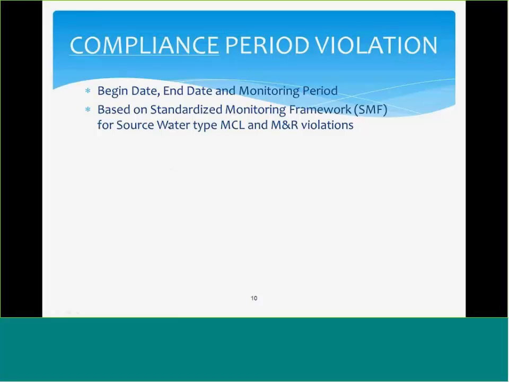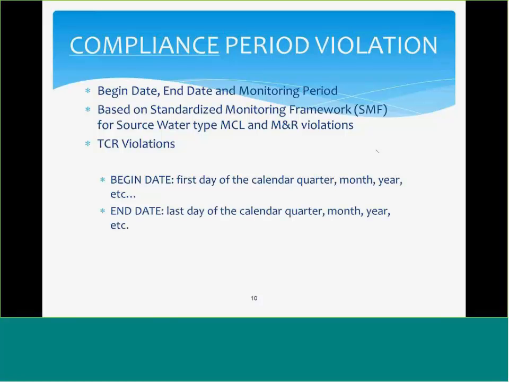This is based on the standardized monitoring framework, and I will go ahead and send a copy to everybody again. That'll be part of the documents that I'll send out to everyone. TCR violations fall under the compliance period violation. Again, we need to make sure that we have the begin date, the end date, and the monitoring period.